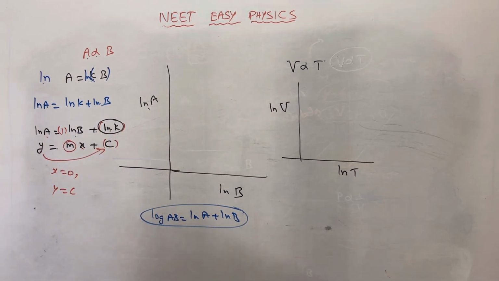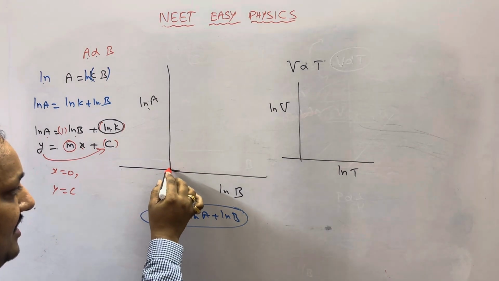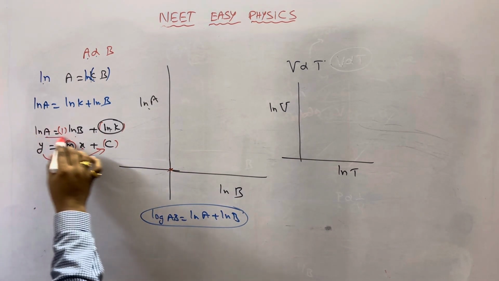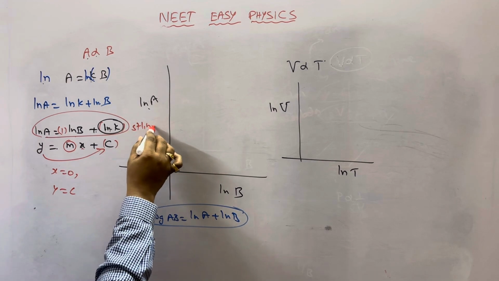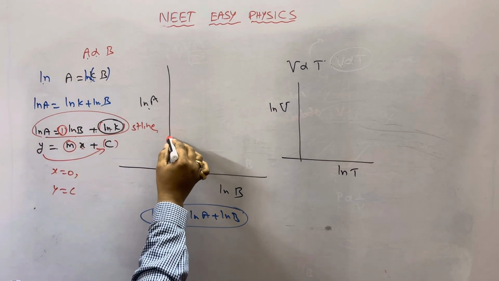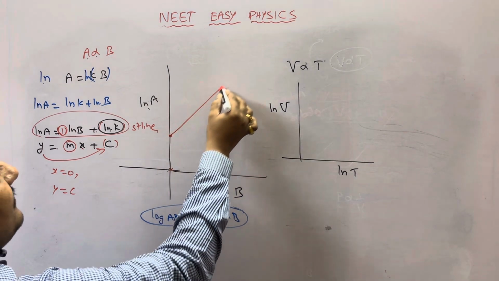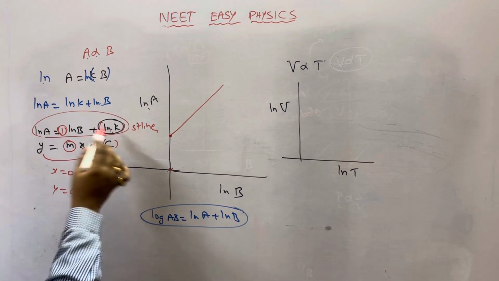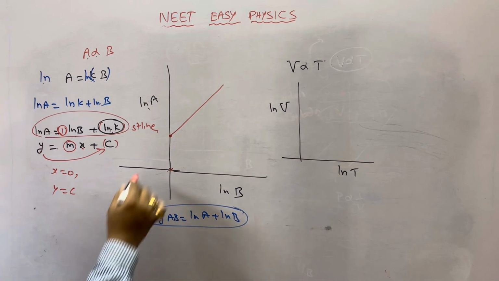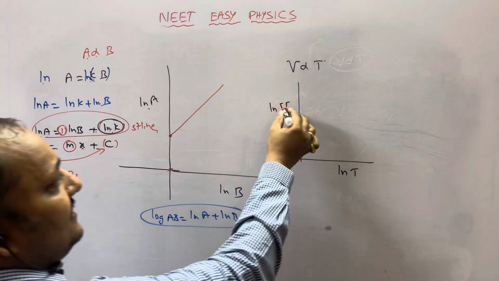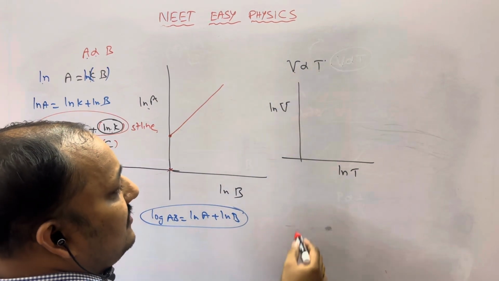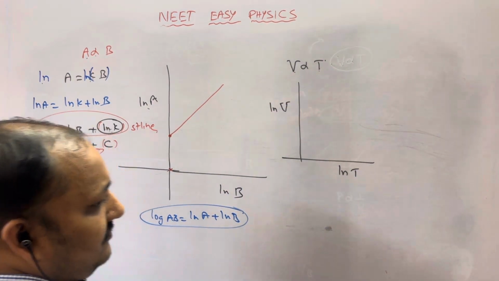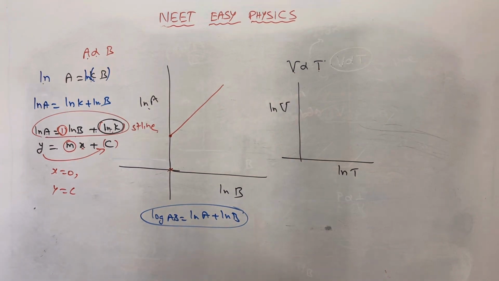So it is not passing through the origin, but the nature of the graph is a straight line with positive slope. It will start from somewhere here. Correct? Whenever x is 0, log A is going to be equal to some constant. So like this you have to remember. Same here: V is directly proportional to T. Like this, if you solve, you can get the answer.